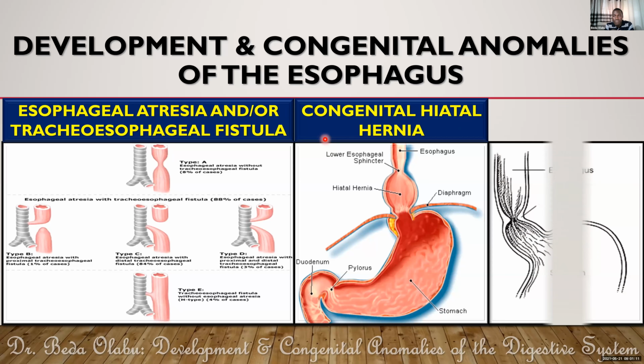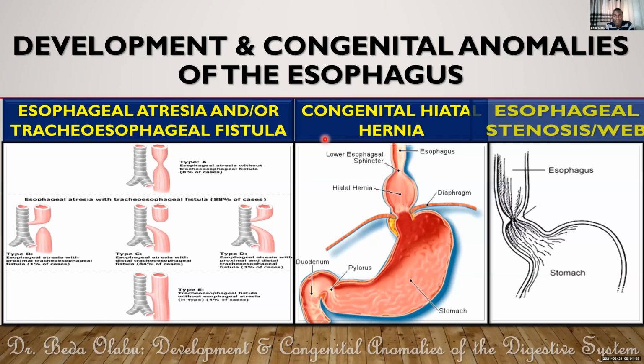Lastly, we have talked about the concept of recanalization. If recanalization does not occur appropriately through that process of apoptosis, then you'd expect some problems. Either you can have a very narrow lumen, which we call esophageal stenosis. The term stenosis means narrow, and esophageal is just because this is the esophagus.